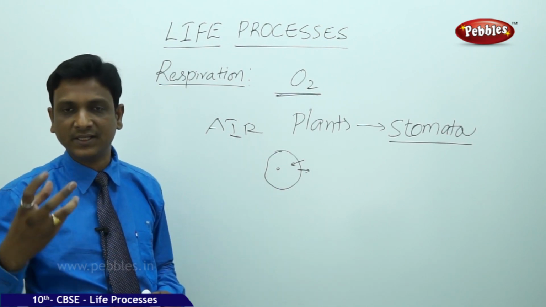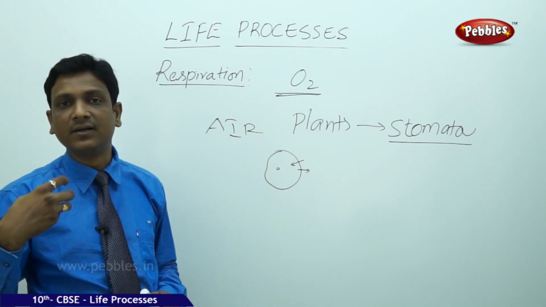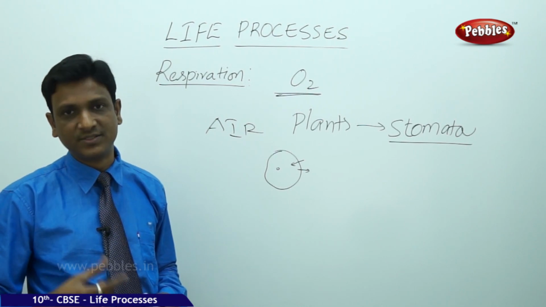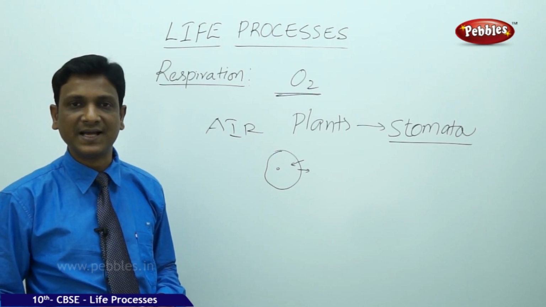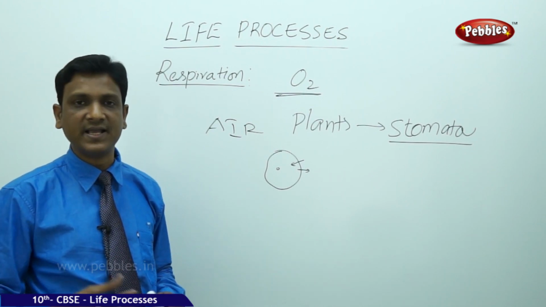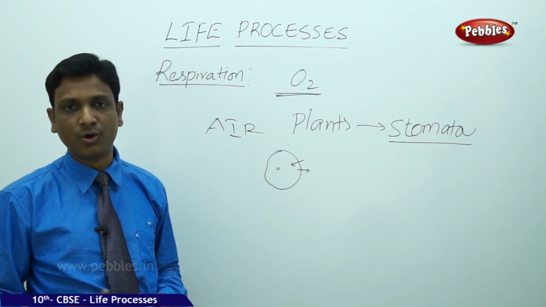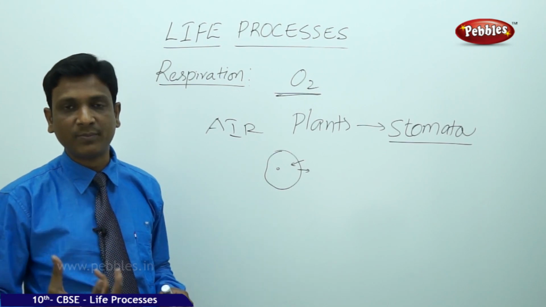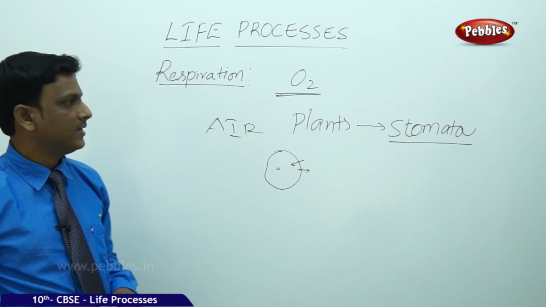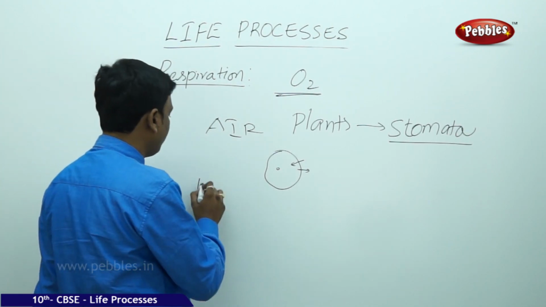Other animals like lizards and snakes, reptiles, have respiratory structures, lungs, so they breathe through that. Higher animals, cats, dogs, humans, have well developed lungs to absorb the oxygen from the air.